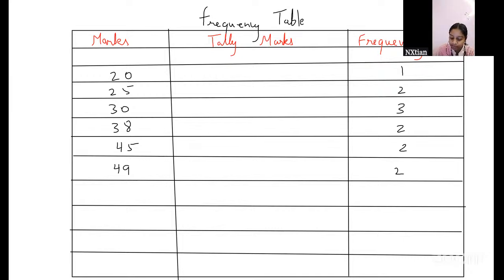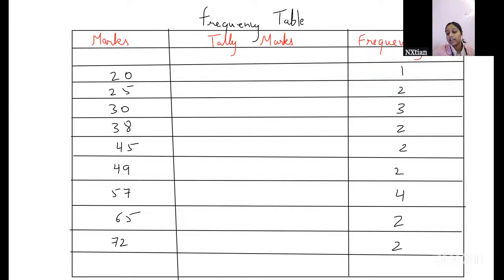Then 57 is four times, in ascending order. Then 65 is twice, and 72 is also twice.